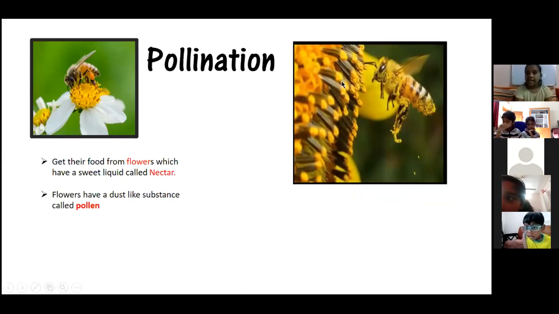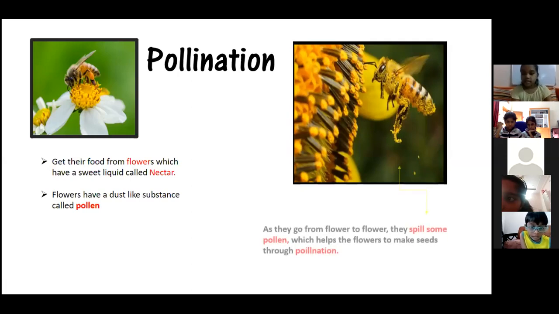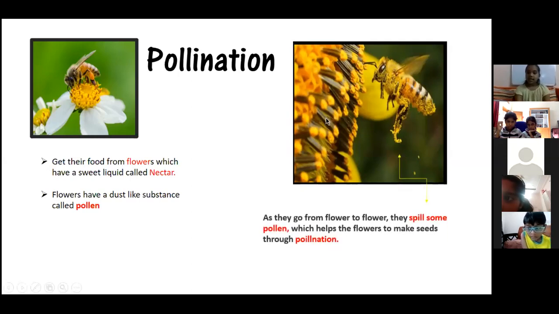So when a bee lands on a flower to sip nectar to take it back to its hive, the pollen, the dust-like substance, catches onto its legs. As it flies from flower to flower, it spills some pollen, which helps the flowers make seeds through pollination.